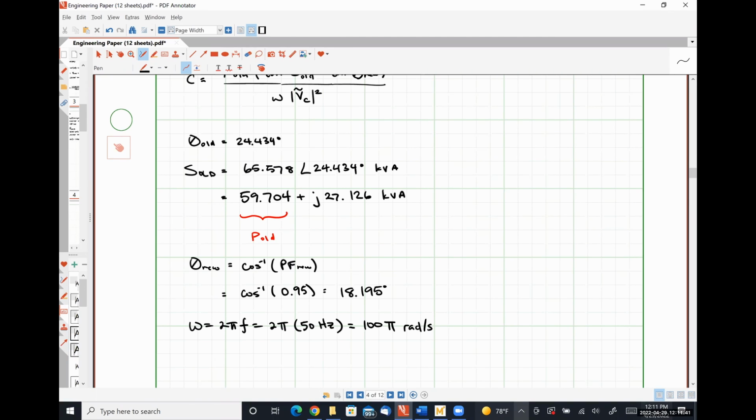And now we need to know the magnitude of the voltage drop over our capacitor. So I'm going to scroll up to the top here in just a moment as soon as people stop writing, because I don't want to interrupt them. All right.